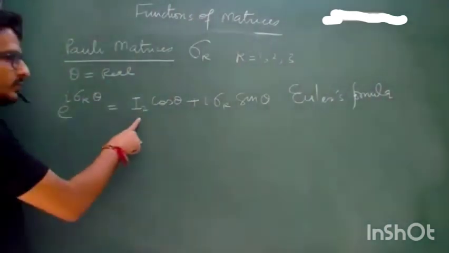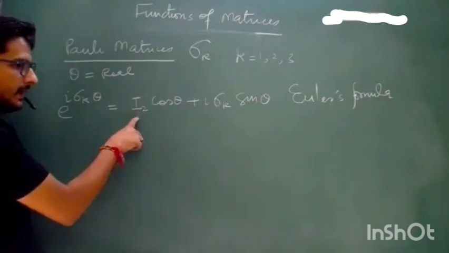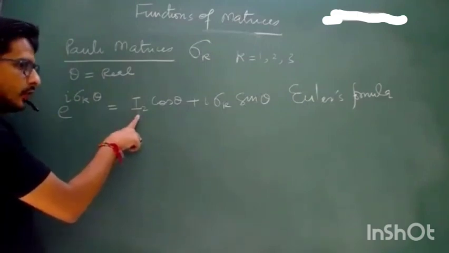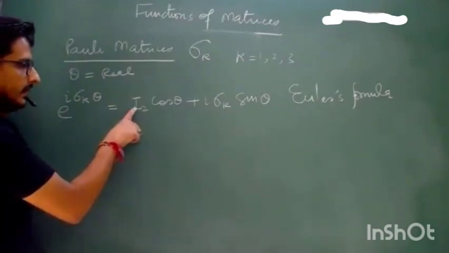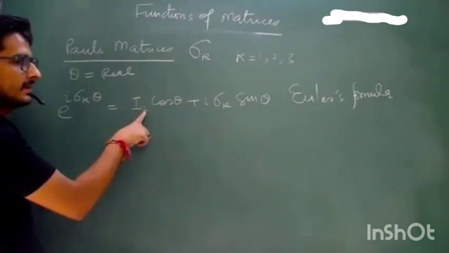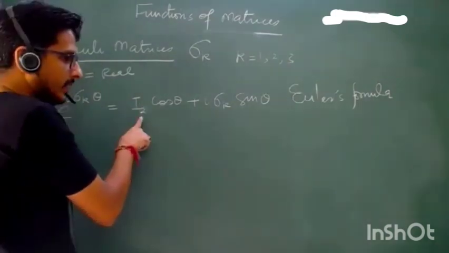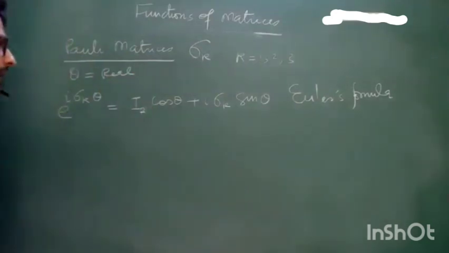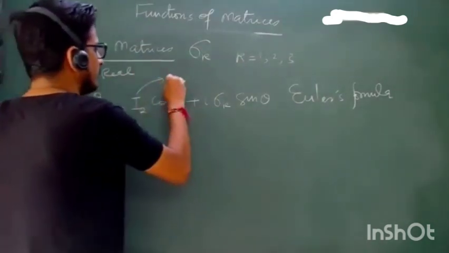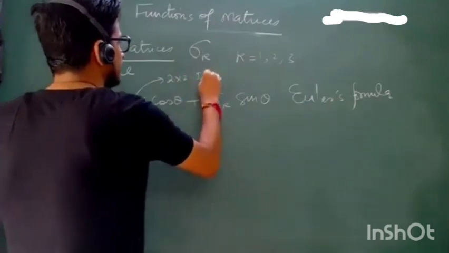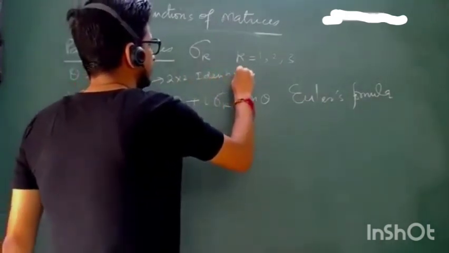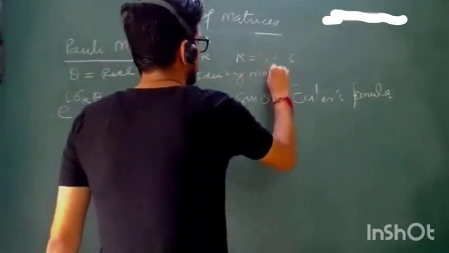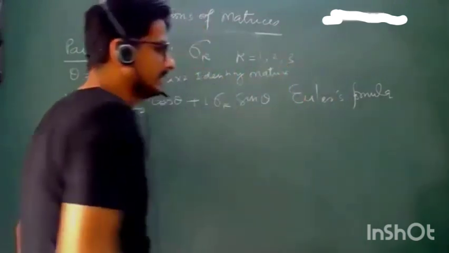And what is this I2? Anybody can tell? Identity. 2 cross 2 identity matrix. When 2 is written here, it means n cross n, which was given here, is 2. This is a 2 cross 2 identity matrix.